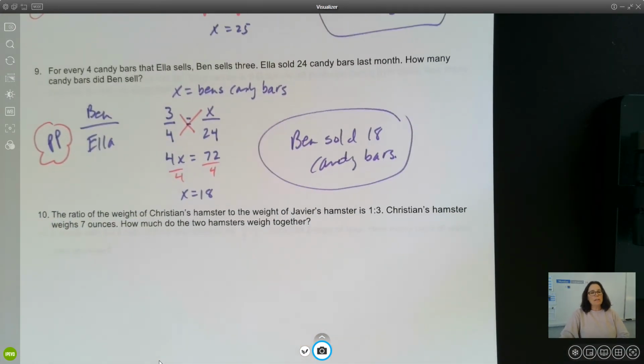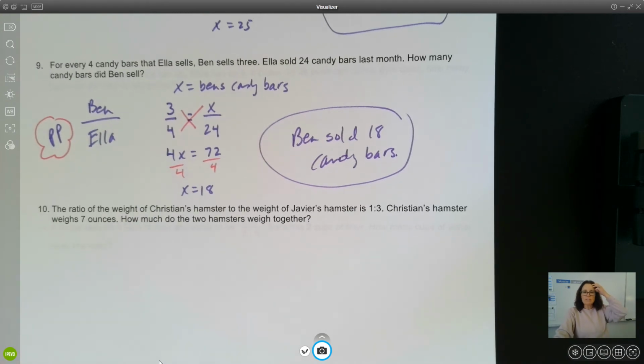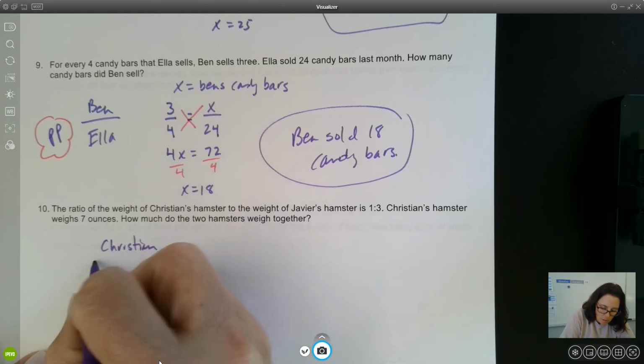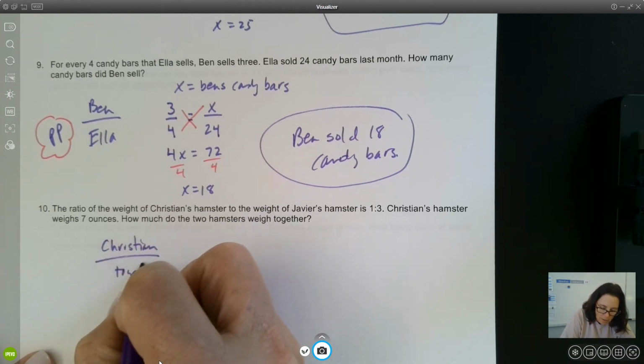The ratio of the weight of Christian's hamster to the weight of Javier's hamster is 1 to 3. Christian's hamster weighs 7 ounces. How much do the 2 hamsters weigh together? Again, a couple of ways to go about this. You could do them individually and add them at the end. But I'm going to be smarter about this, and I'm going to do Christian's over together.